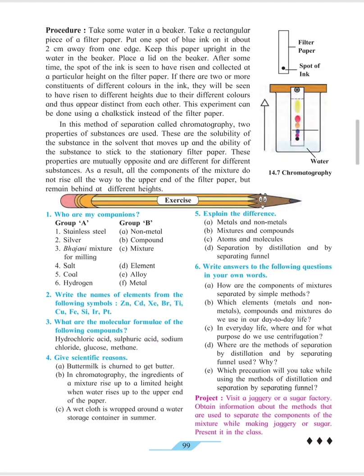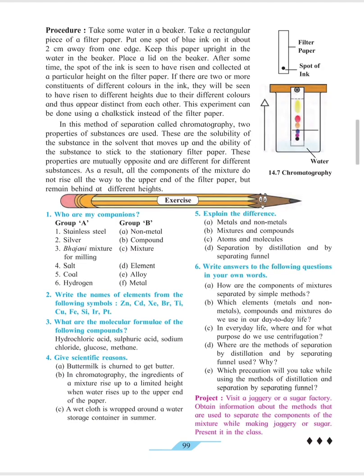Due to the absorption of water into the filter paper, the colors which are present in ink start getting separated. Since water rises in the upper direction of the filter paper, water carries the ink and lets it travel up the filter paper.